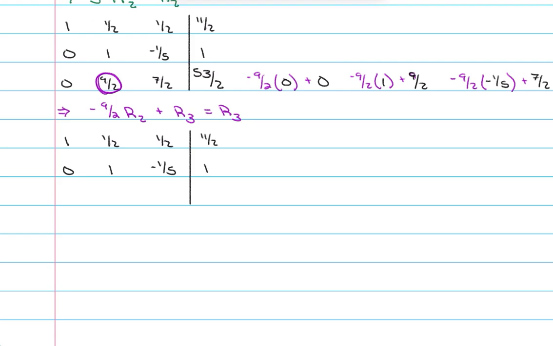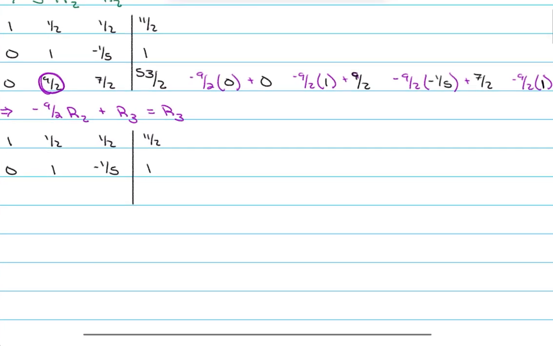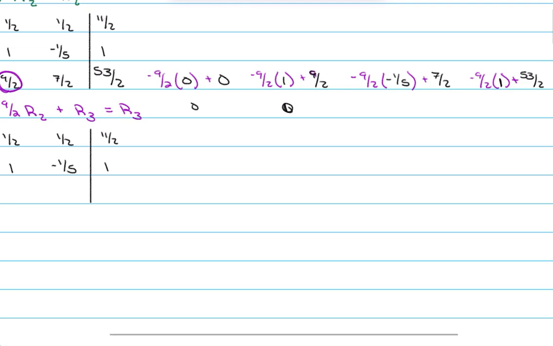Okay, so for my third row, I'm going to have negative 9/2 times 0 plus 0 is 0. Negative 9 halves times 1 plus 9 halves is a 0 as well. I will have negative 9 halves times negative 1/5 plus 7 halves.